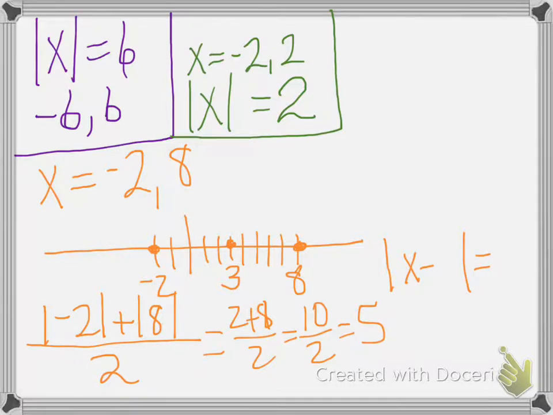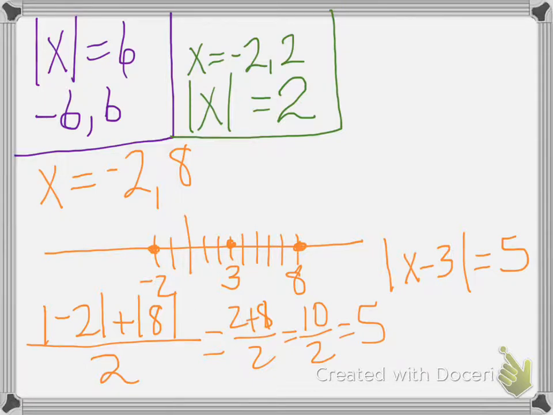Whatever the absolute value of both numbers divided by 2 is, that's our answer. And then whatever that midpoint number is goes in for x minus that. So in this case it's 3. So x minus 3 equals 5. And that should work for both.